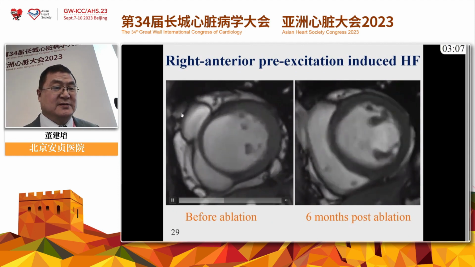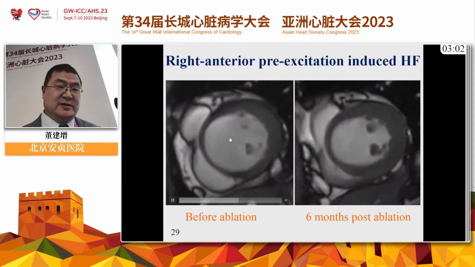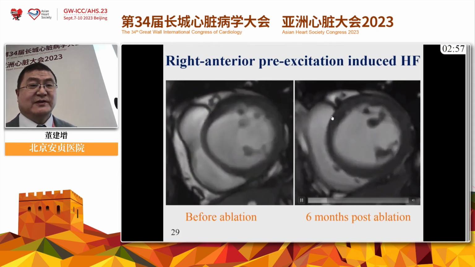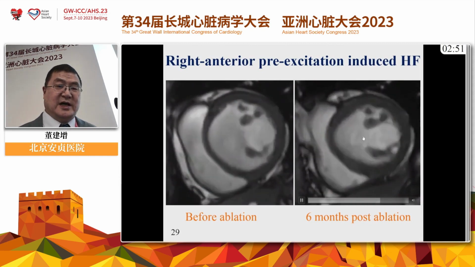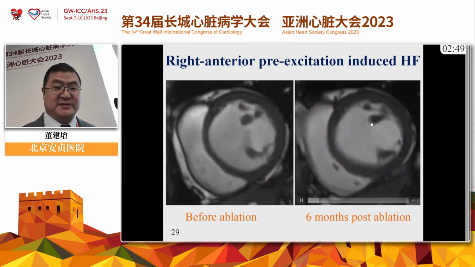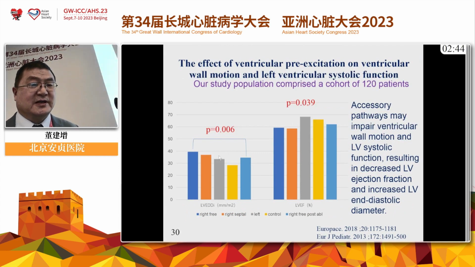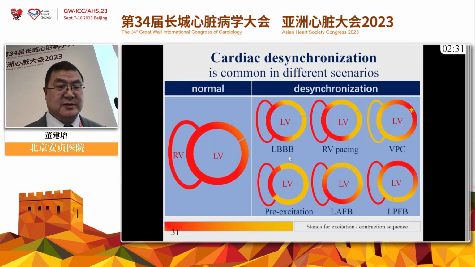We can see this picture is very like left bundle branch block induced heart failure. 6 months after ablation, the activation is close to simultaneous. This study of our own demonstrated that pre-excitation can result in a decrease of left ventricular ejection fraction, and the ejection fraction will return to normal after catheter ablation.